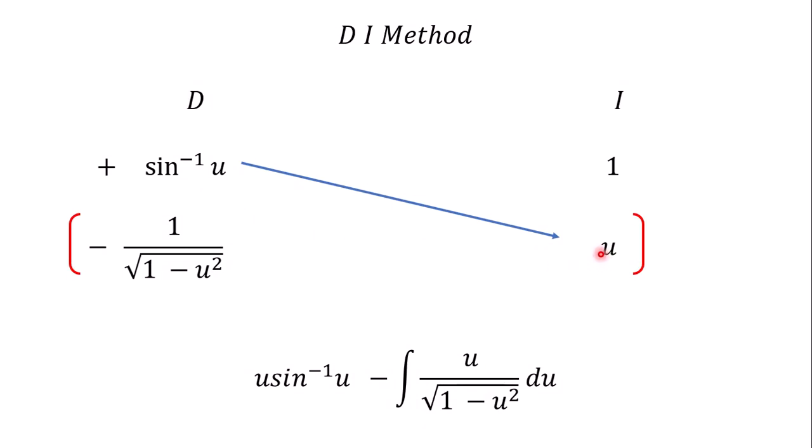If this one too is negative, then it's going to be plus minus sine inverse of u multiplied by, if this one is negative, minus u. But if it is positive, then you are safe. You just take this one and this one, then you multiply. And when you do that, this is what you are going to get at the end of the day.